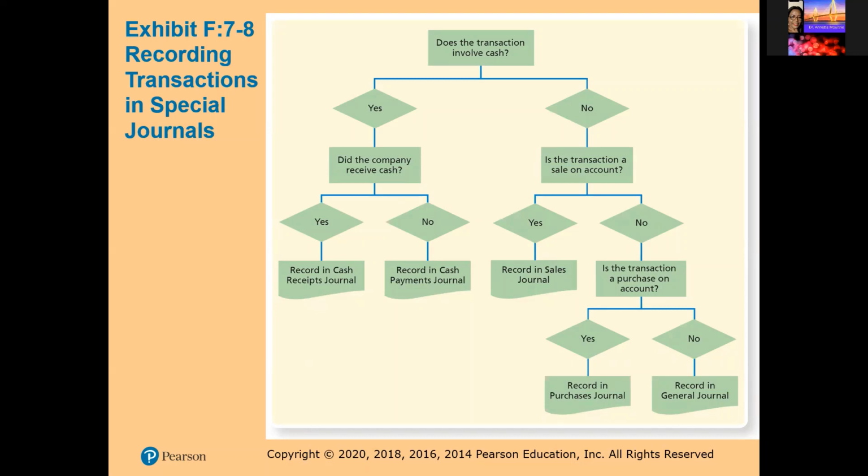It is important to remember that transactions are recorded in either one of the special journals or in the general journal, but not both. Exhibit 7-8 provides a summary of all 5 journals that will help you decide which journal to use when recording transactions in a manual system.